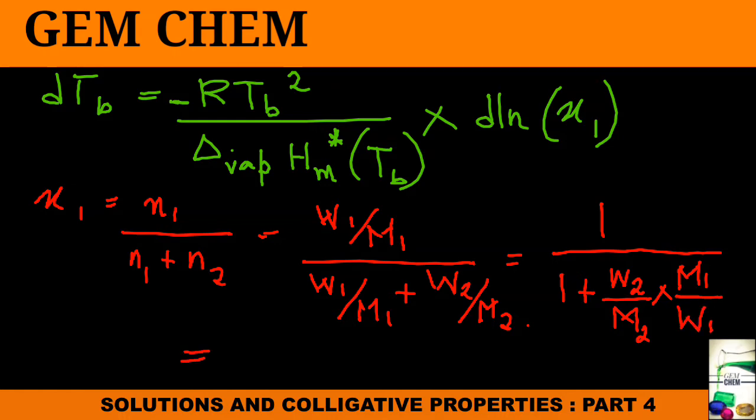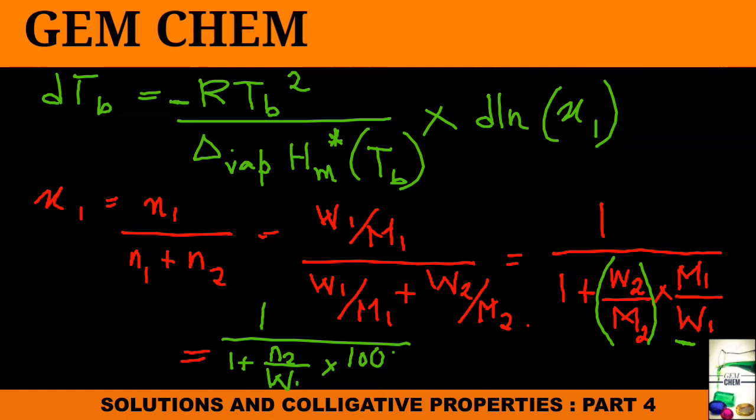If we write it like this, this can be modified as 1 by 1 plus n2 divided by w1 into 1000, into the leftover M1 divided by another 1000, just to neutralize the 1000 which we have multiplied.